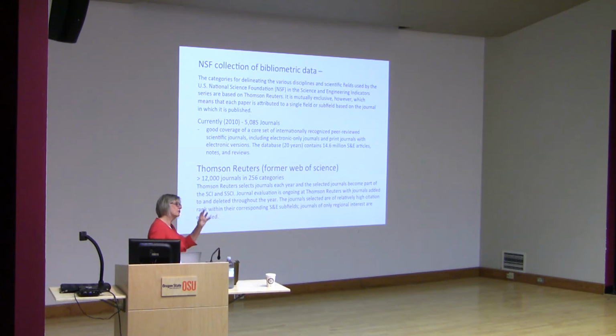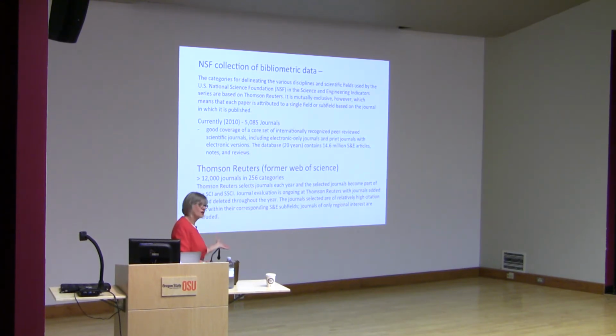Now, if you want to look at this in detail, you have to look at all of those databases. And there are lots of those databases of the scientific literature around. There is the NSF collection of bibliometric data, and they currently, and currently means 2010, cover roughly 5,100 journals.